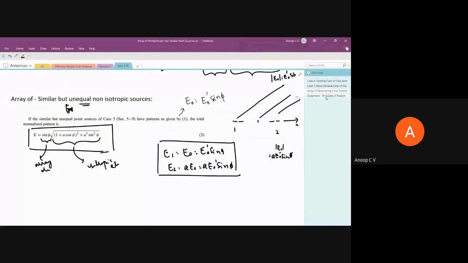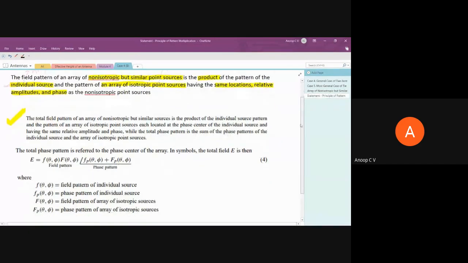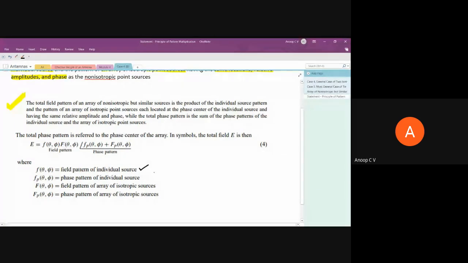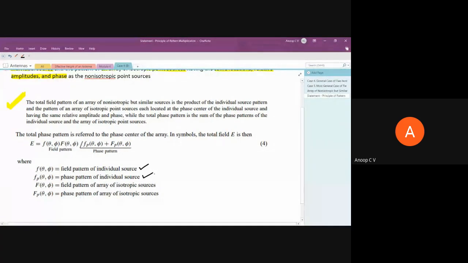Now I'll move on to the final expression. Suppose f of theta comma phi is the field pattern of an individual source, I'm representing it as small f of theta comma phi, and f subscript p of theta comma phi is the phase pattern of the individual source.